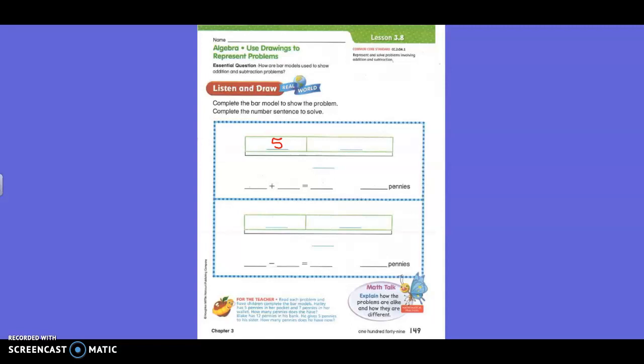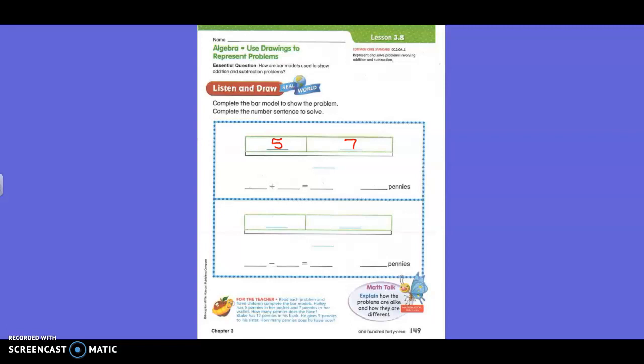So, where would I put those 7 pennies? Isaac? In the other bar, yes. Do you see how the first bar is a little smaller than the second bar? Do you think that's probably because there's a smaller number than that one? Yes, that's smaller because it's a smaller number.